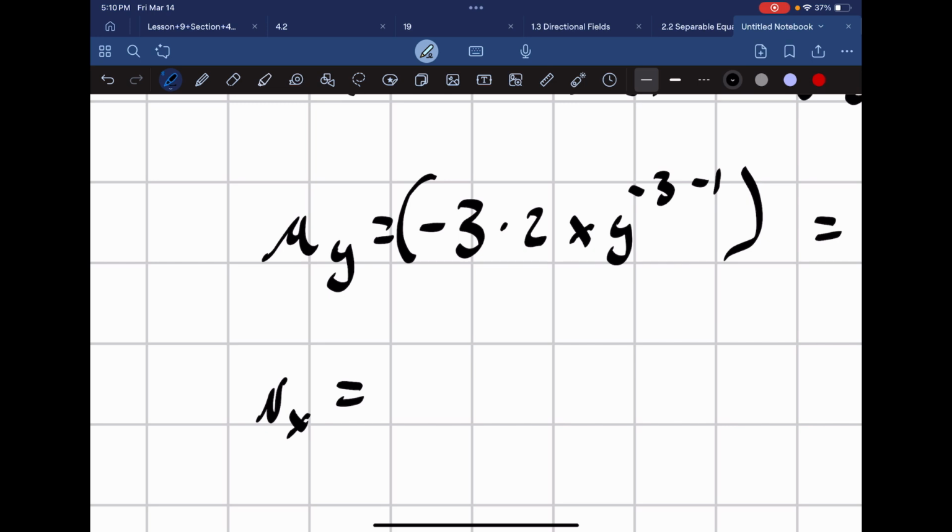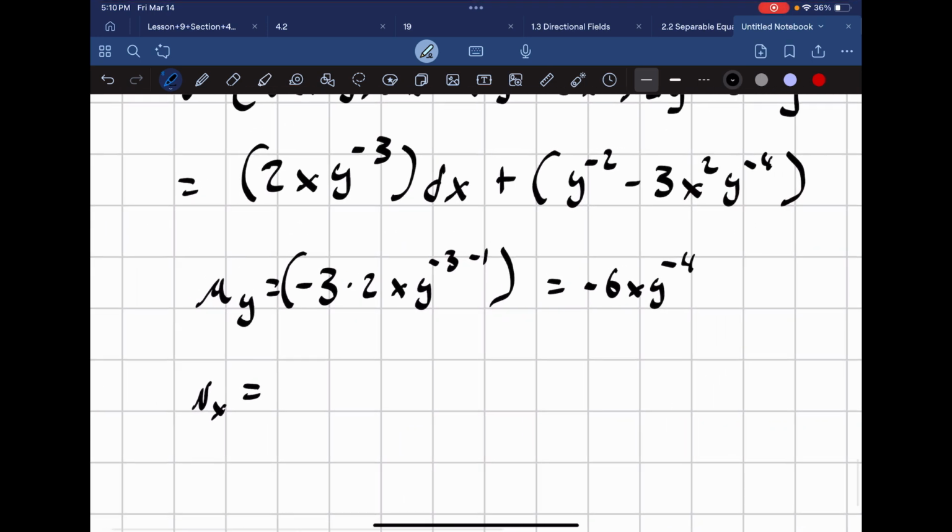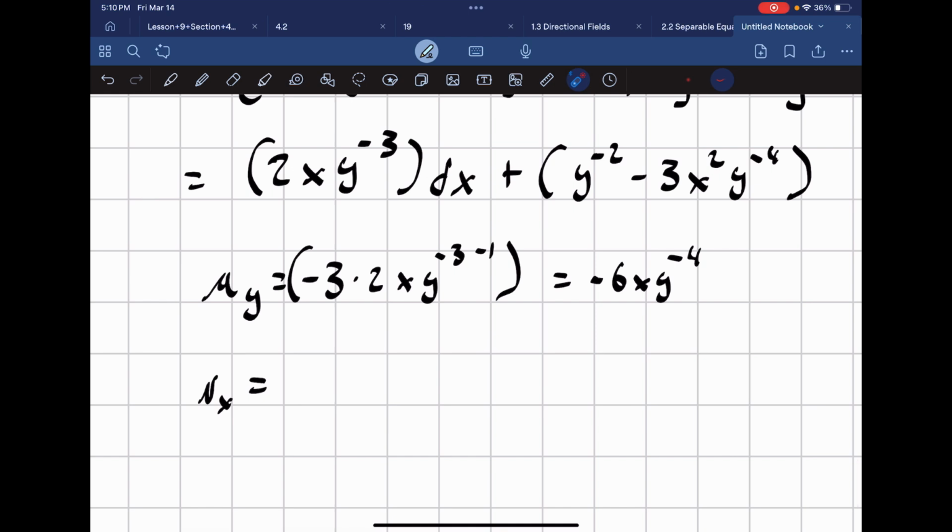Now let's do this one right here, which is the partial of n with respect to x. So we're given y to the -2, which is a constant, so that equals 0 since we're differentiating with respect to x. And this is a constant, so this just goes out of the way.